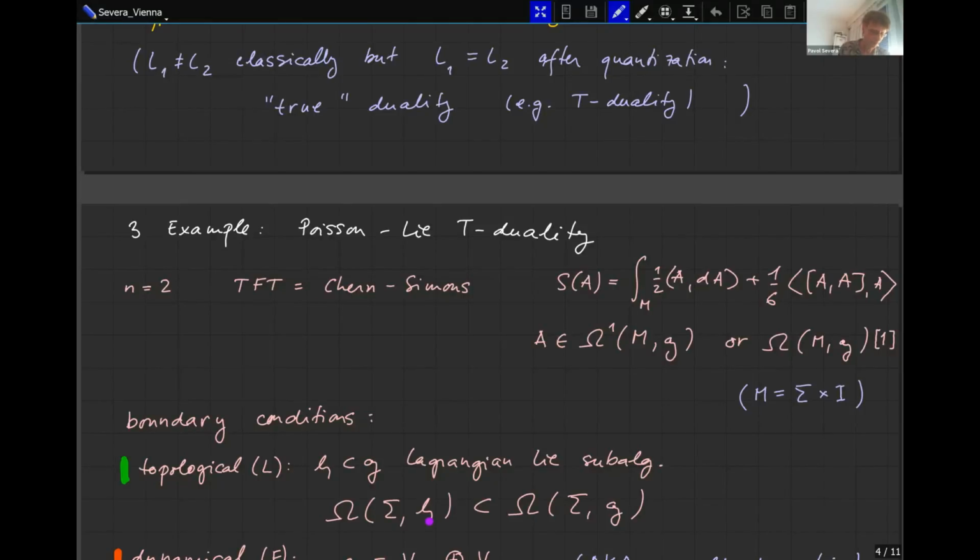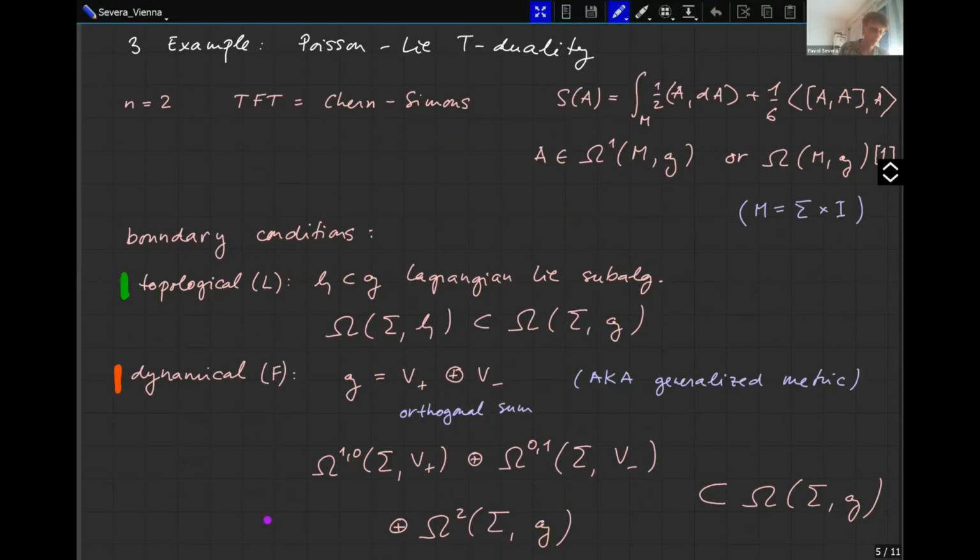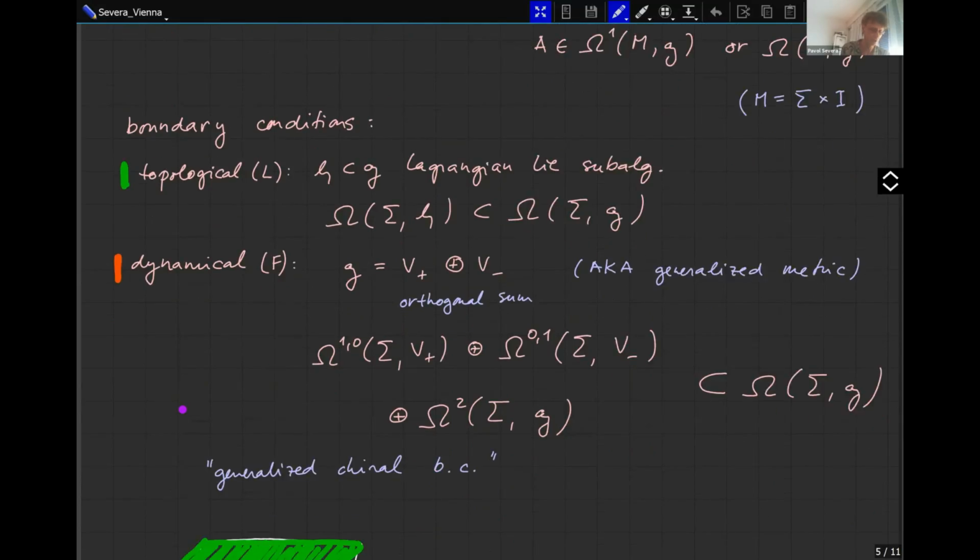The other boundary condition, the non-topological or dynamical one, is a little generalization of what is called chiral boundary condition. It requires a choice of a complex structure on Sigma. That's one way to see that it's not topological anymore.